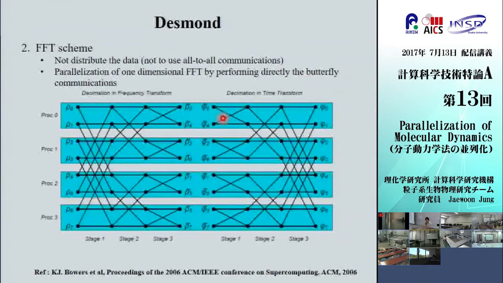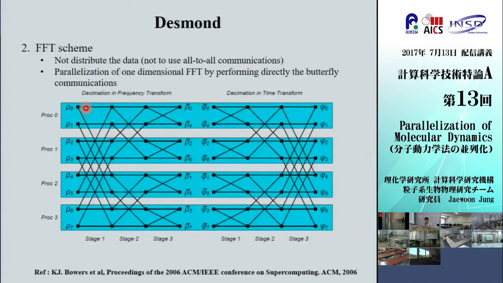So let's see. For a one-dimensional FFT, for example, assume there are 8 grid points in the y direction. Processor 0 first calculates 2 one-dimensional FFTs at some part, and processor 1 also does. After finishing this, it sends the data to processor 2, and processor 2 sends data to processor 0. Processor 0 performs not only this, but also this.